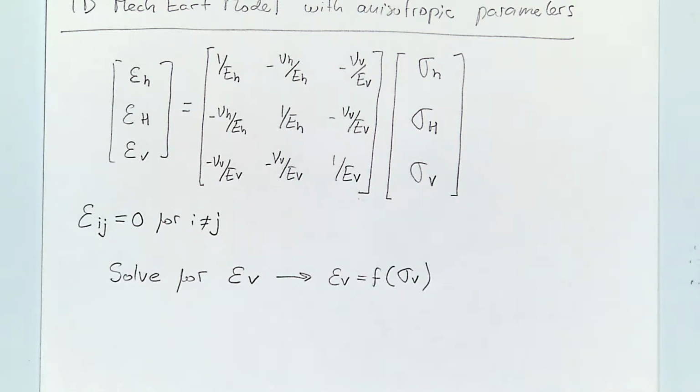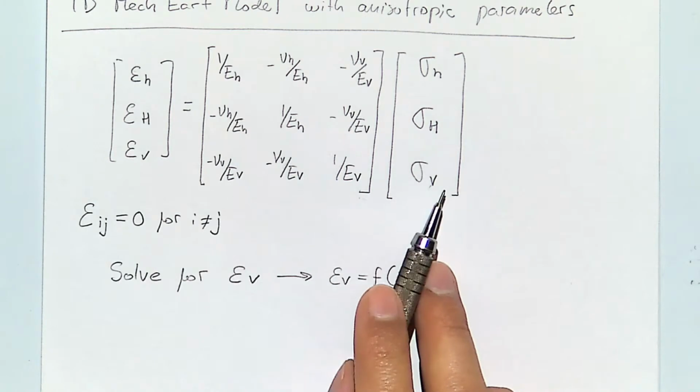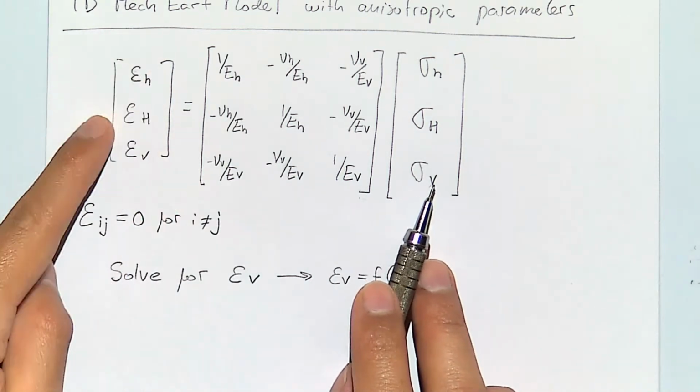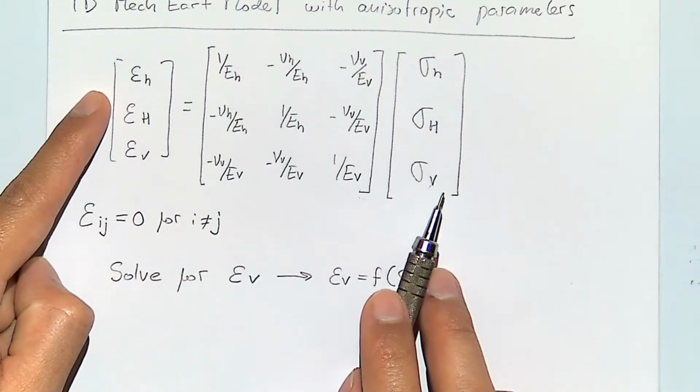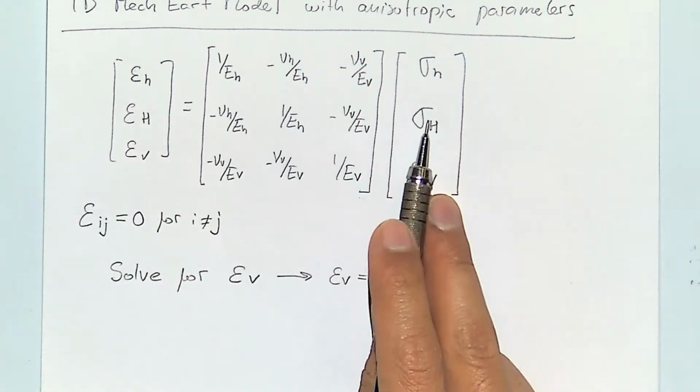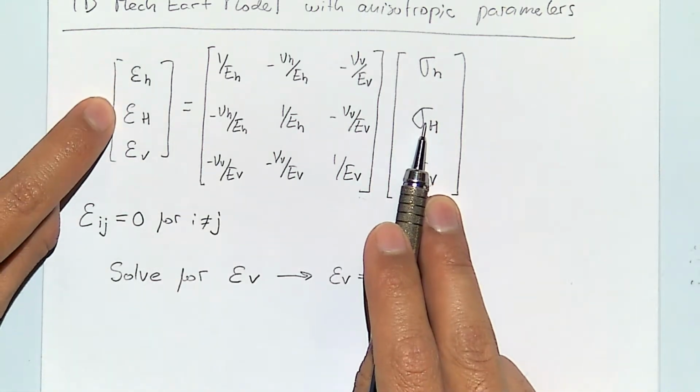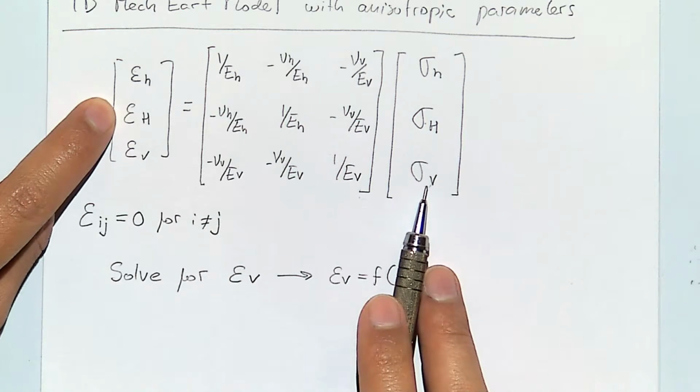We compute total vertical stress, we compute pore pressure, we know effective vertical stress. And then after we do that, we replace that into the two top equations, and I'm going to get these two stresses as a function of these two strains and as a function of sigma v.